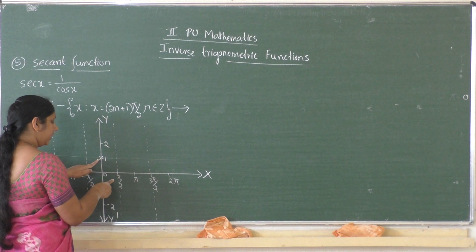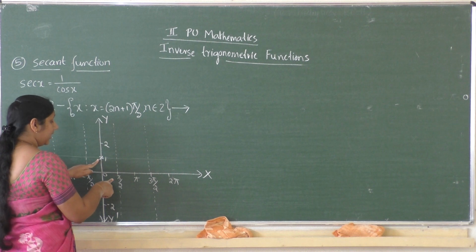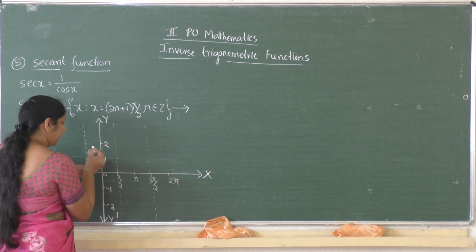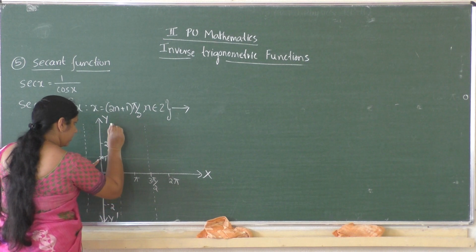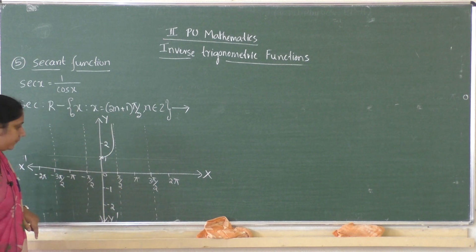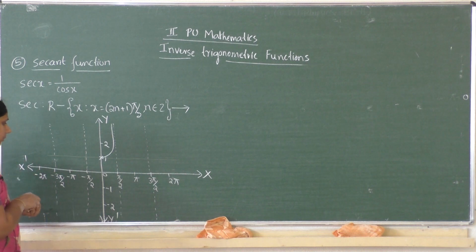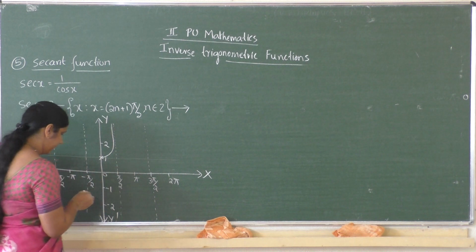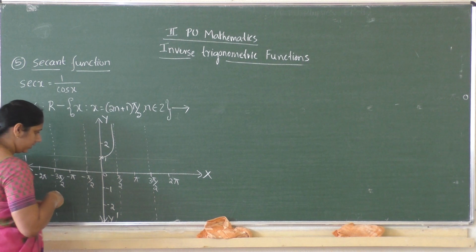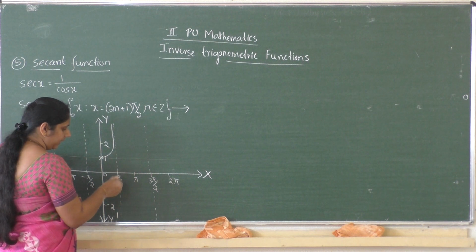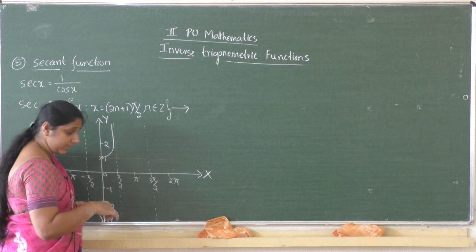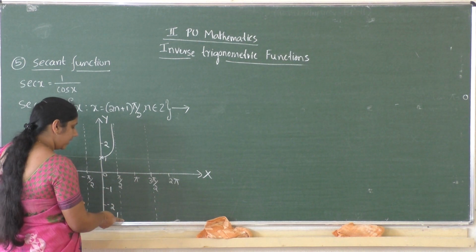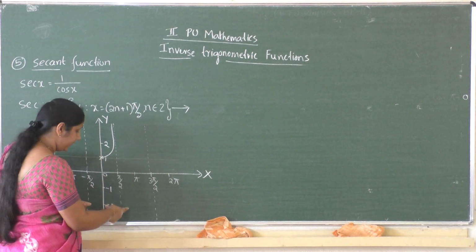In first quadrant sec is positive. So graph gradually increases from 1 to infinity, correct? Now we will move on to the second quadrant. In second quadrant, again pi by 2 value means infinity, but in second quadrant sec is negative, so graph must be starting from where? Minus infinity.